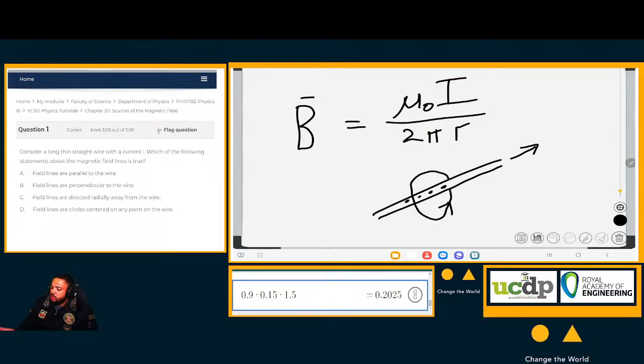If the current is in that direction, using our right hand rule, we can show that the magnetic field will be in this direction, where the distance from the center of the conductor to the magnetic field itself is r. And then the permeability of free space, of course, has a value of 4 pi times 10 to the negative 7. That is the permeability of free space.